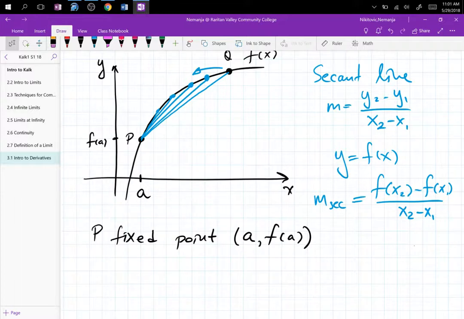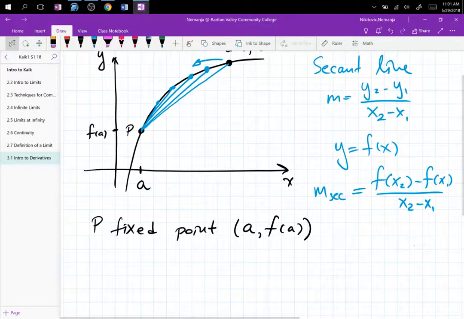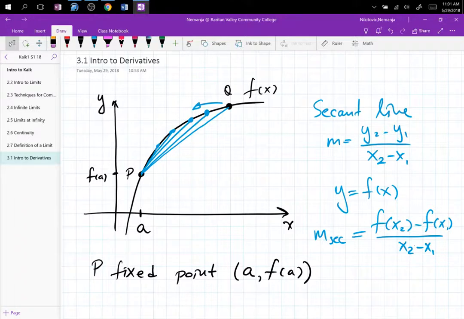So if I rewrite m secant now, I'm going to call point Q x, and its y value f of x, because it evolves in time, it changes.